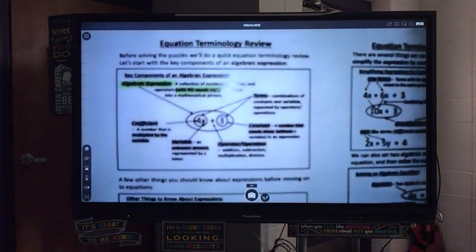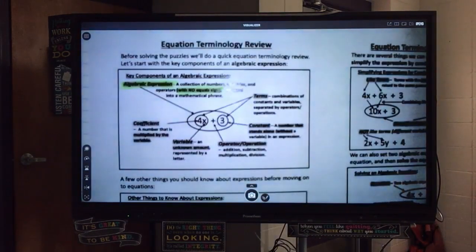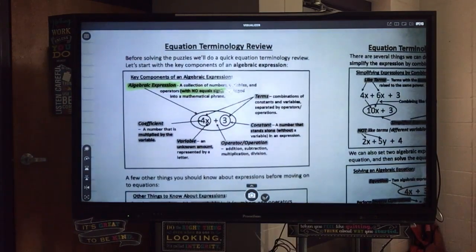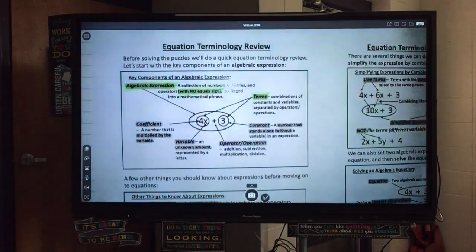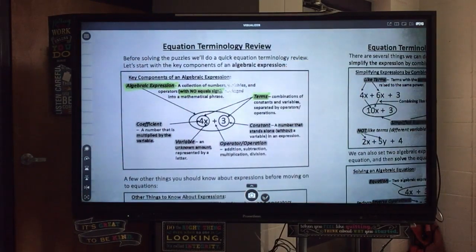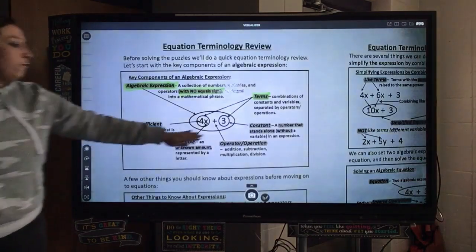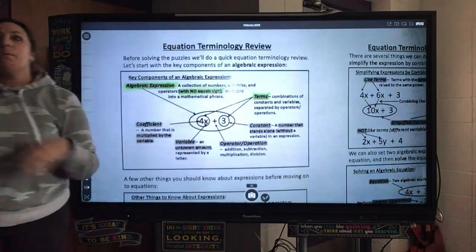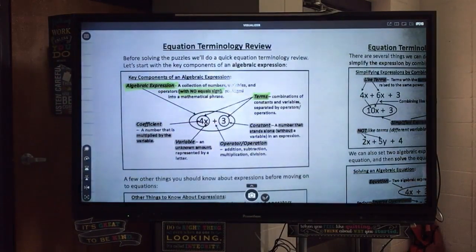All right, the 4x and the 3 are called terms. Terms are combinations of constants and variables separated by an operation. So the term 4x is separated from the term 3 by addition.